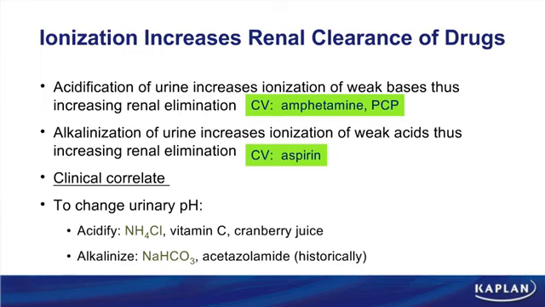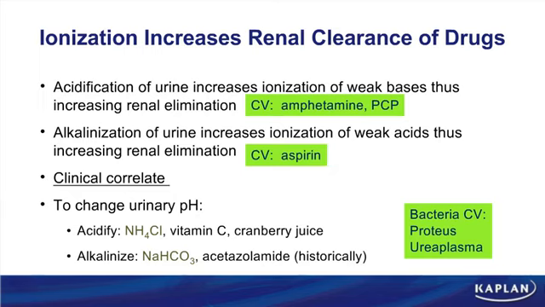If you look in the bottom right corner of my slide, here's what I call a bacterial clinical vignette. It really doesn't have anything specifically to do with drug overdose. What it's got to do with is the fact that certain bacteria can change the pH of the urine. You've learned this in micro, that organisms like Proteus and Ureaplasma are organisms that can alkalinize the urine.